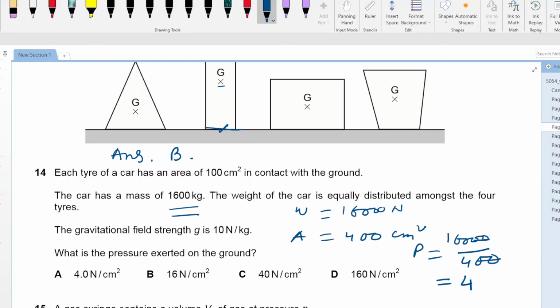The answer is C. Now write answer C, 40 Newton per cm square.